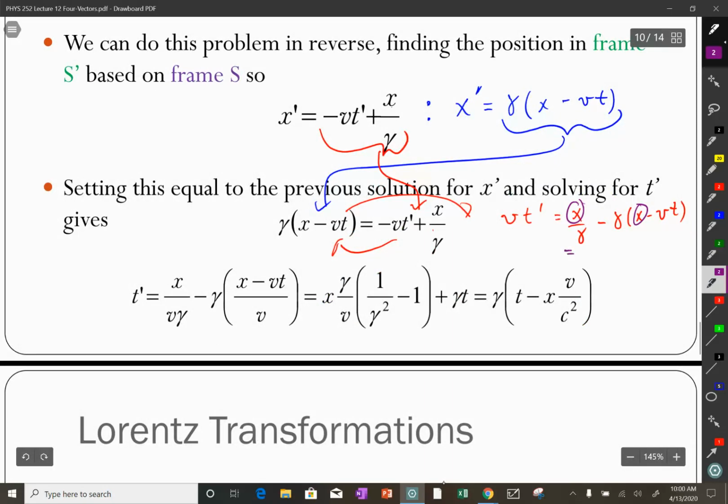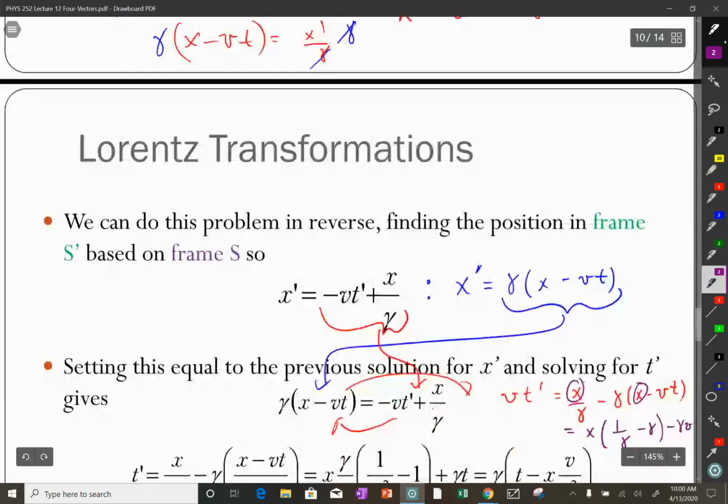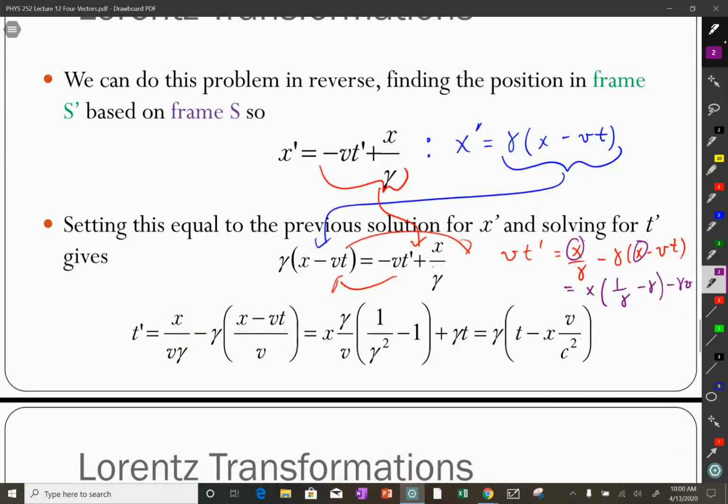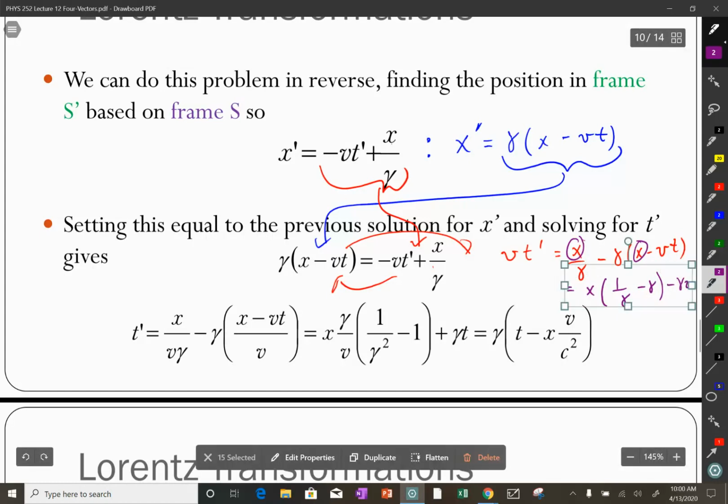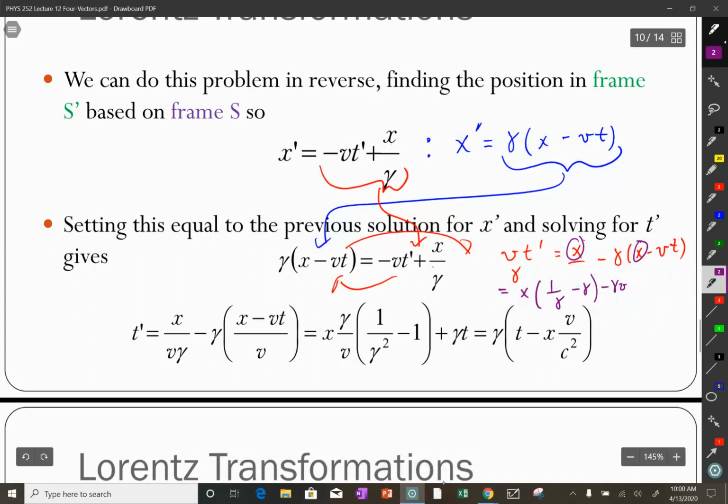So that's equal to X times 1 over gamma minus gamma VT. Okay, ran out of space. You know what you do when you run out of space? You move things over to give you more space. So there's an equation for VT prime.